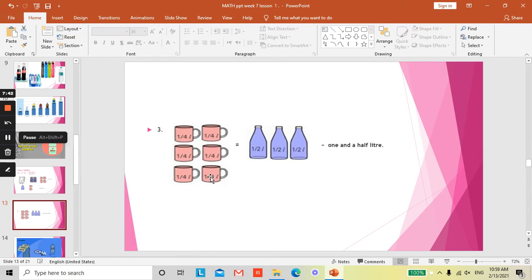We have 6 quarters, which is equal to 1.5 liters, or 3 halves. So 6 quarters is the same as 1.5 liters of water, which is 3 halves, 1, 2, 3. Let's move to the next.